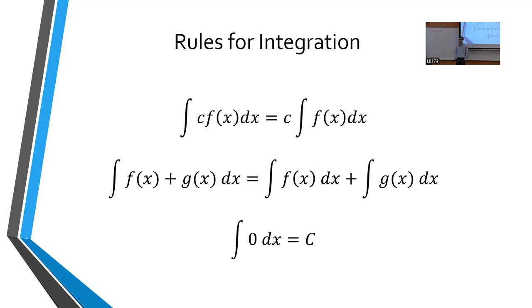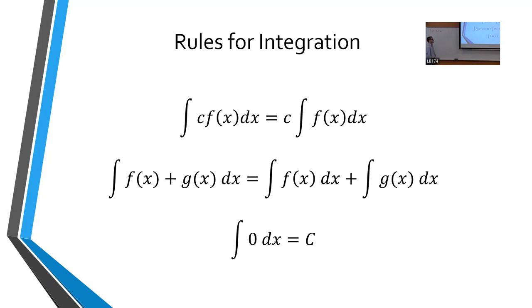Another rule for integration is if you have two functions that are added together, I can integrate them separately. I can integrate the first term or the first function, and then I can integrate the second function. We did that on both of the previous problems. When we did x to the fourth plus 3x to the first, I integrated the x to the fourth part, and then I integrated the 3x to the first part.